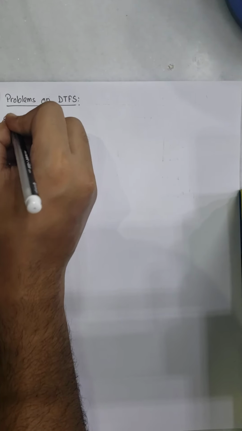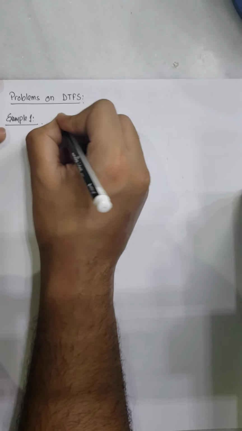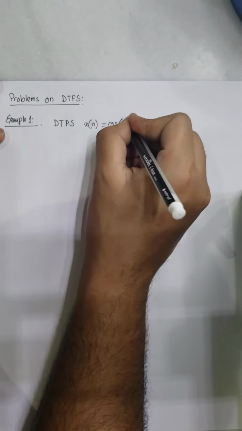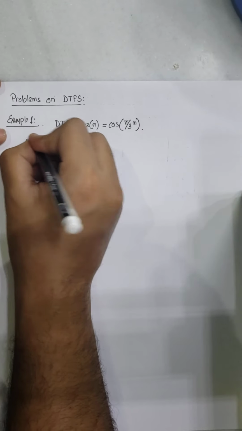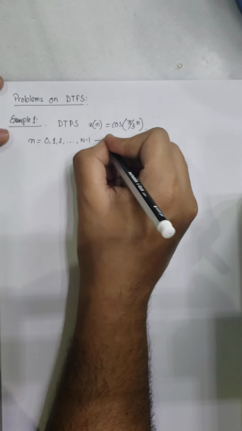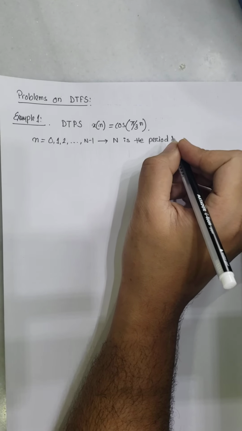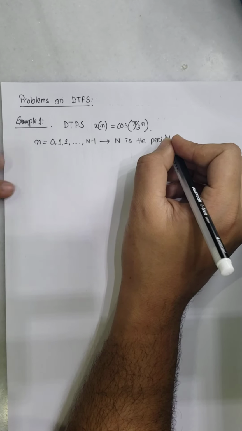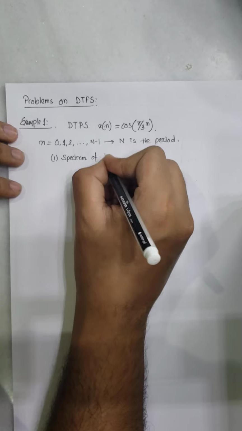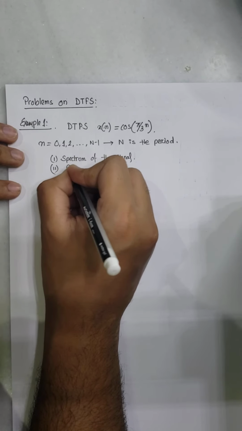The first problem says that for a discrete time periodic signal x of n equals cosine of pi over 3n, where n goes from 0, 1, 2 to n minus 1, where obviously n is the period, we are to determine the spectrum of the signal and the power density spectrum.